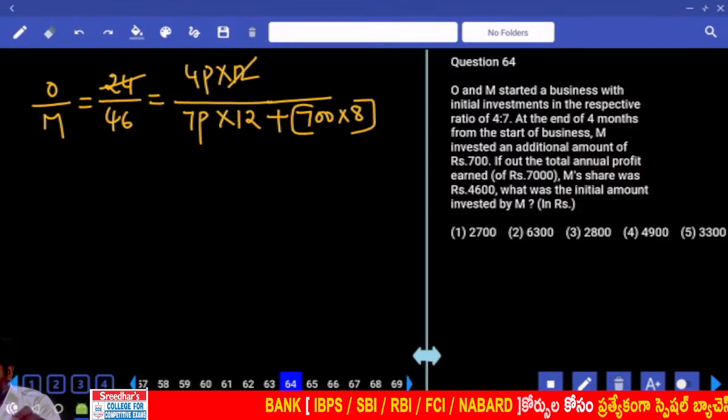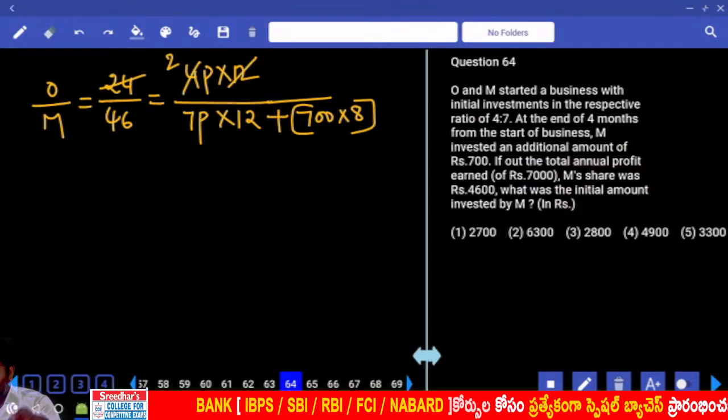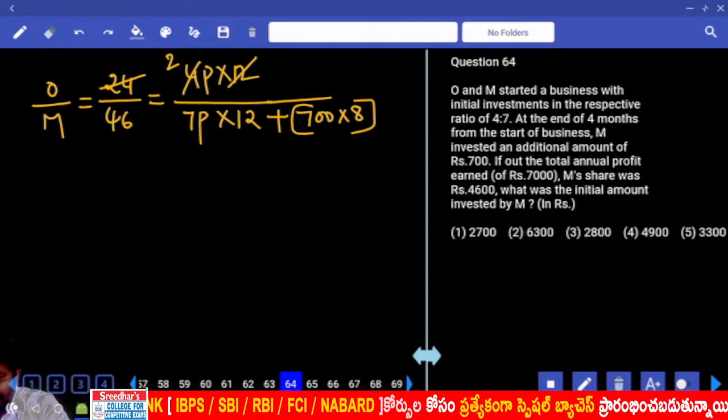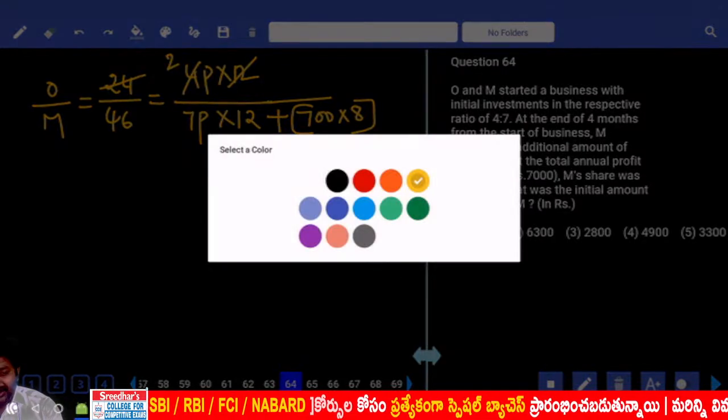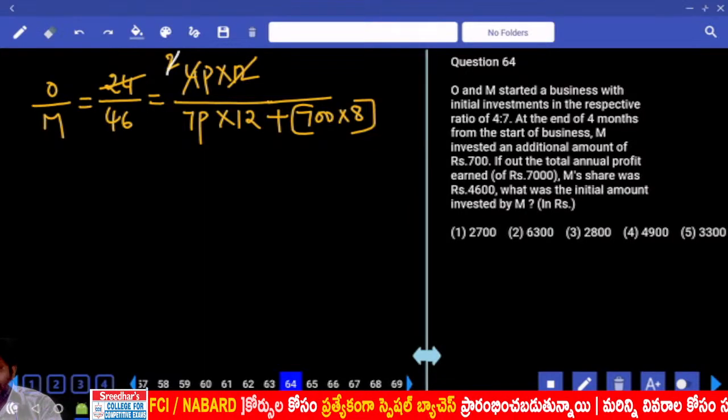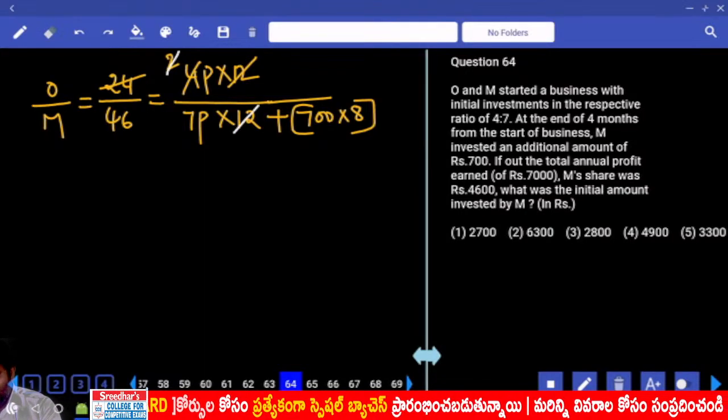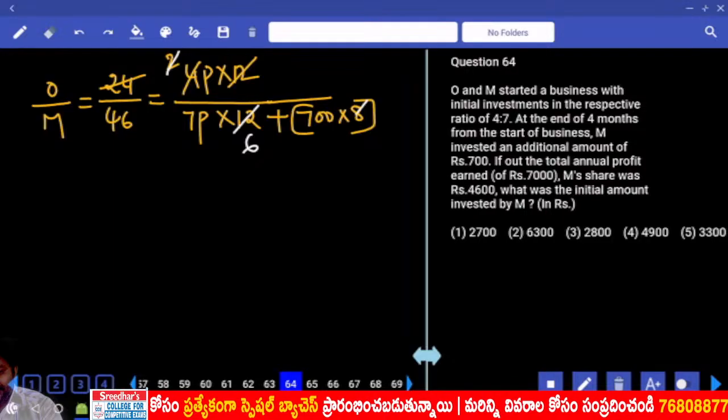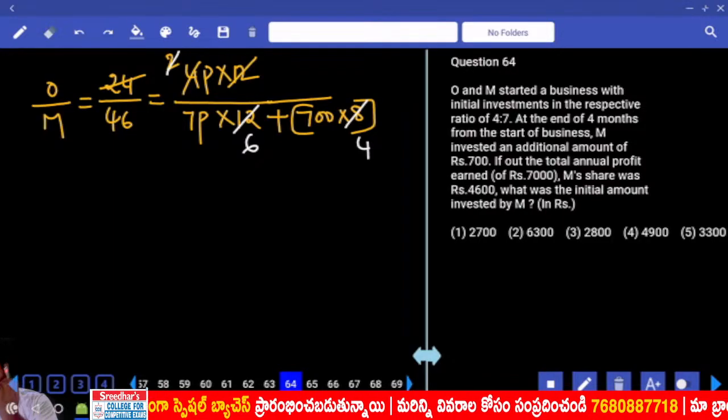12, 2 times, 2, 2 times. Okay, now. In denominator also you can take 2 common. Numerator 2 can be cancelled here. Are you okay? 6 times, 4 times.